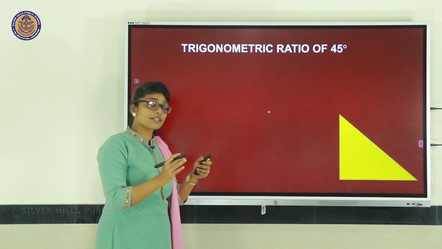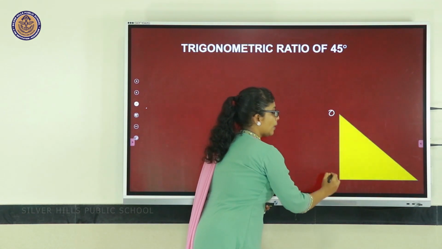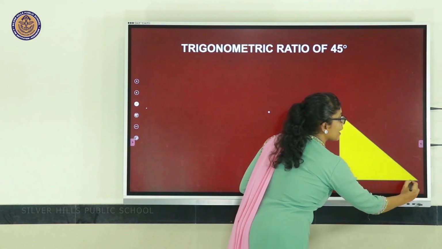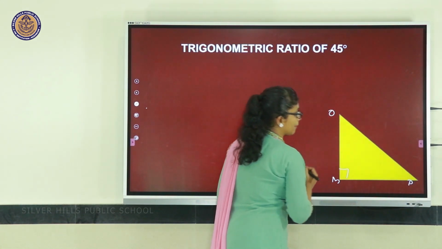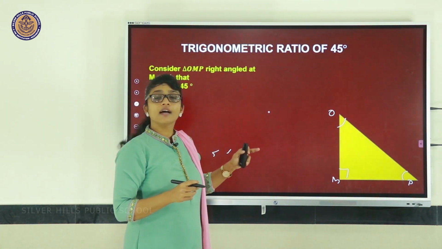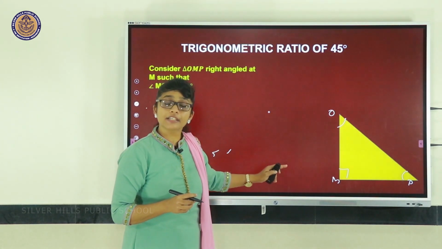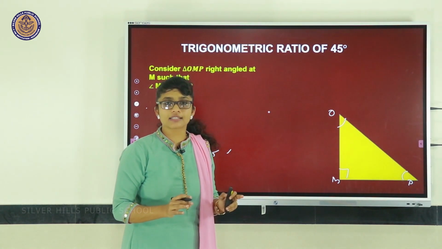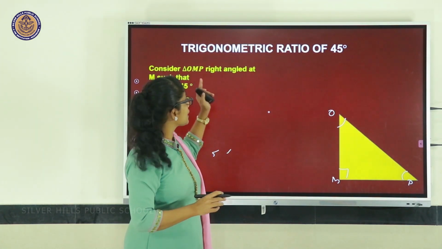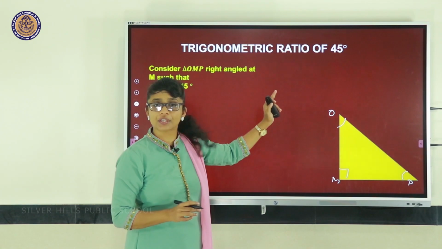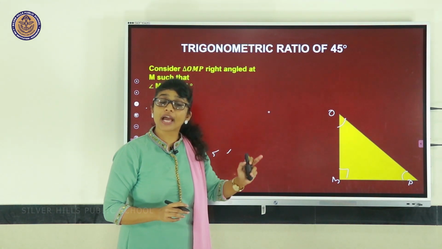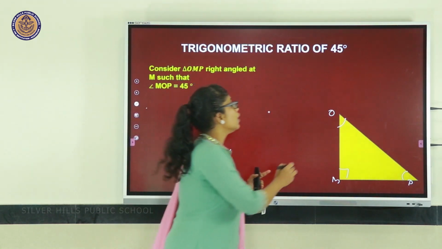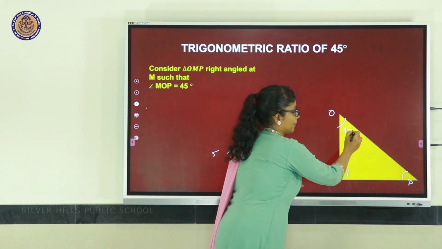Consider a right triangle OMP, right angled at M. Here angle M is 90 degree and the other two angles are acute angles. Here we are considering the trigonometric ratio of 45, so one of the angles we can consider 45 degree.